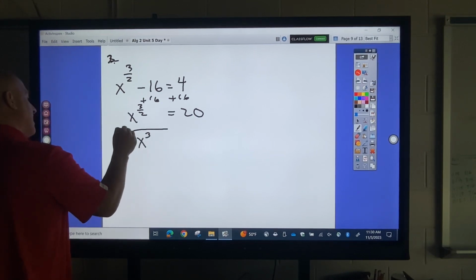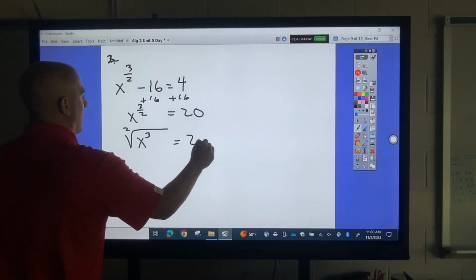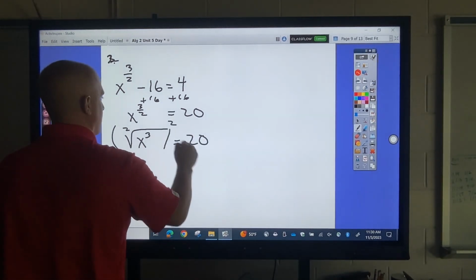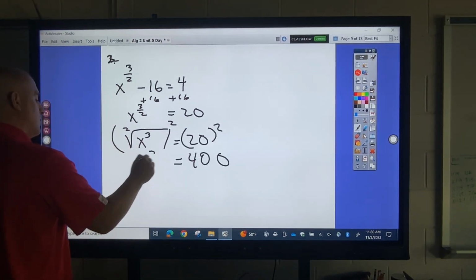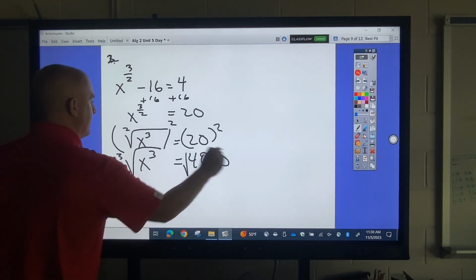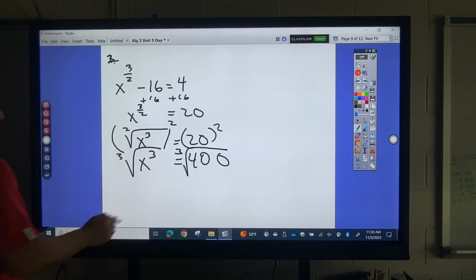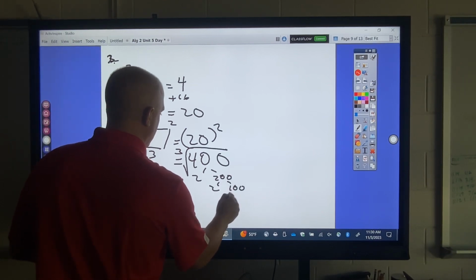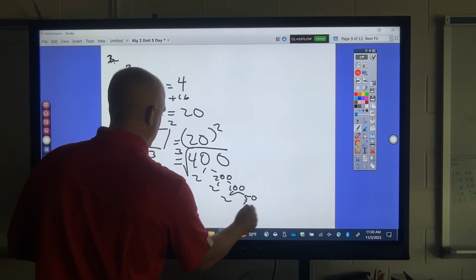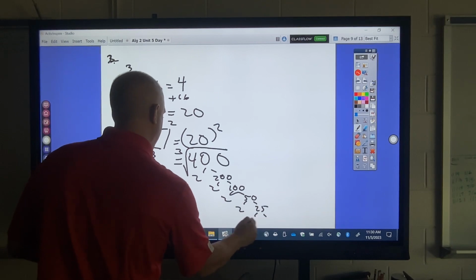X to the 3 inside, 2 there. I would square this side. 20 squared is 400. This is x cubed, so then I would want to take the cube root of this. So let's break down 400. That's 2 and 200, 2 and 100, 2 and 50, 2 and 25, that's 5 and 5.